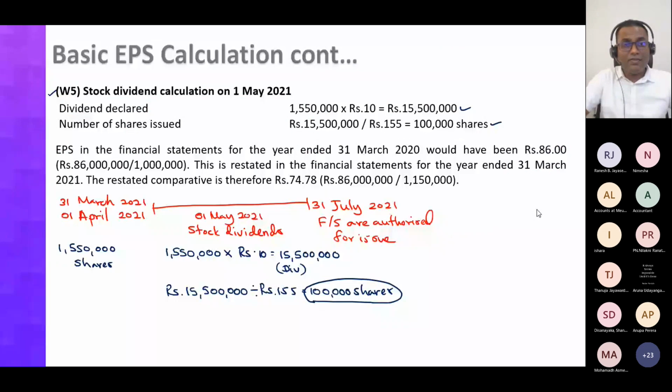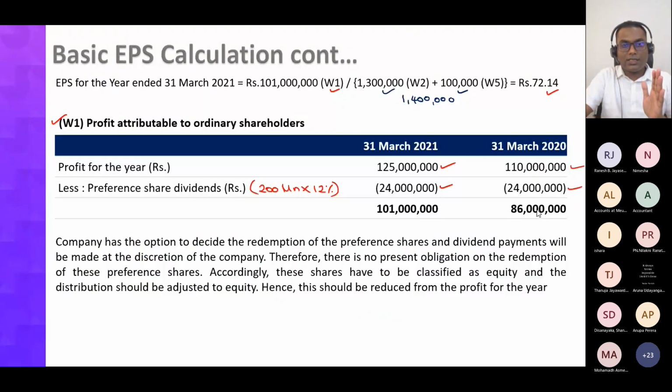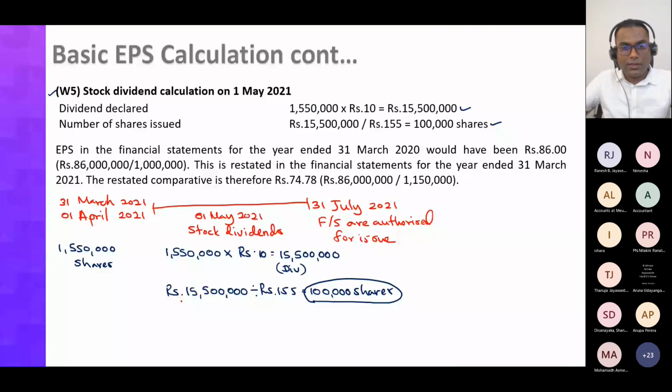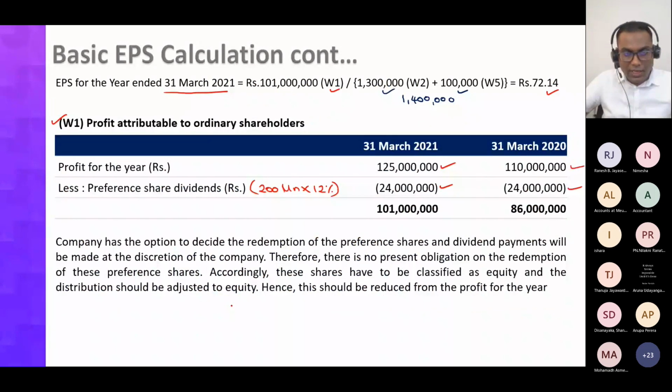Then what about the comparative year? The current year is 31st March 2021, and I say current year earnings per share is 72 rupees and 14 cents. With the current year, I have to show the comparative numbers. Let's say this is my financial statements for the year end 31st March 2021.